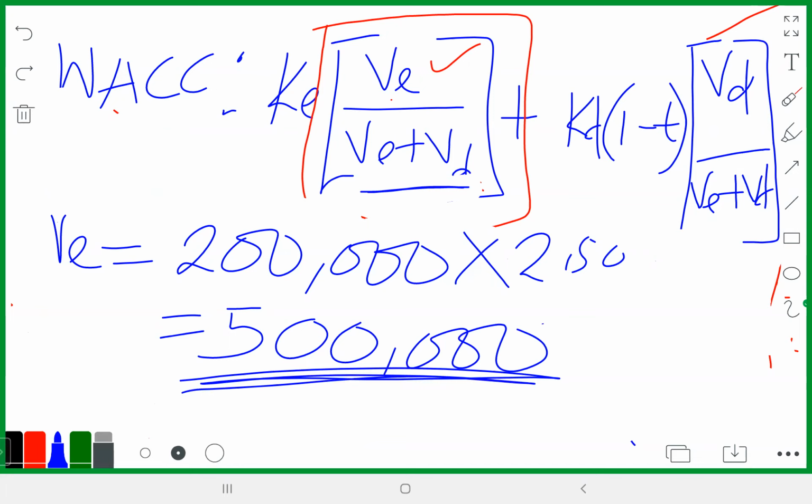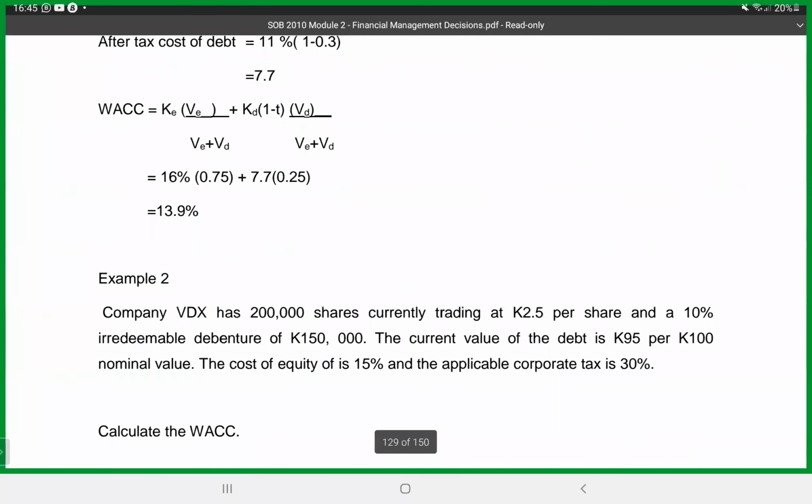The KE, which is the cost of equity, is already given as 15%, which is 0.15. We need the cost of debt, net of corporate taxes. But the debt that we have is an irredeemable debenture, so there is another formula for calculating the cost of debt that is not redeemable.